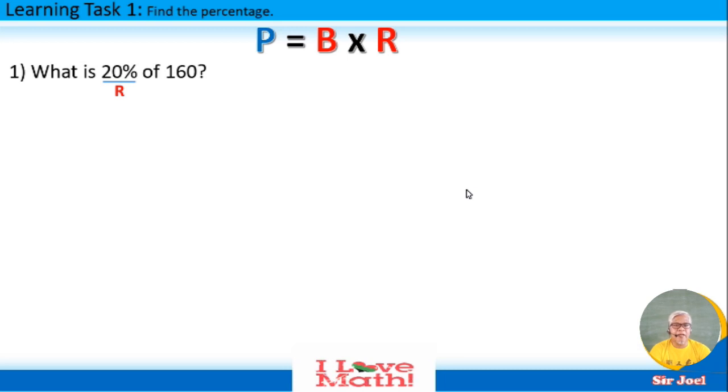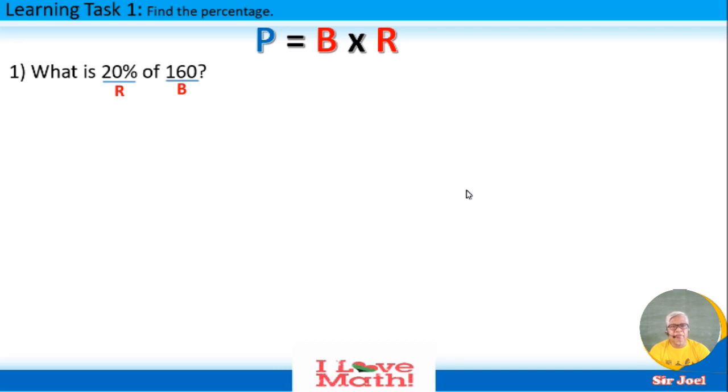Kasi nga, sabi ko kanina, if it has percent sign or percent symbol, madali siya ma-identify as rate. And if you look at the problem, before the word of, lumabas si rate. So therefore, ano ngayon ang magiging base natin dyan? So tingnan natin. Our base is 160.